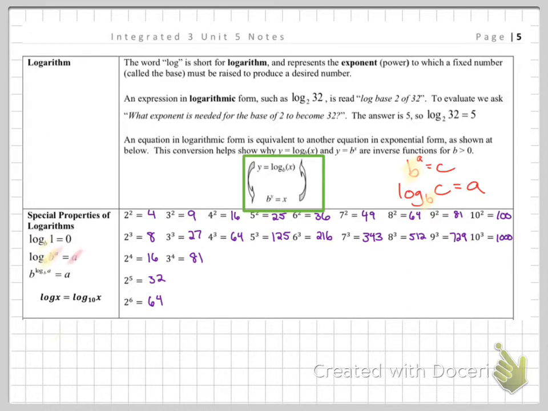And then kind of the same idea in reverse. If you have a base raised to the log of the same base, the answer is just whatever you're taking the log of right there. And if there is no base written, if it just says log of x, there is a little imaginary 10 to be assumed written there. So if it's just log, it's base 10.